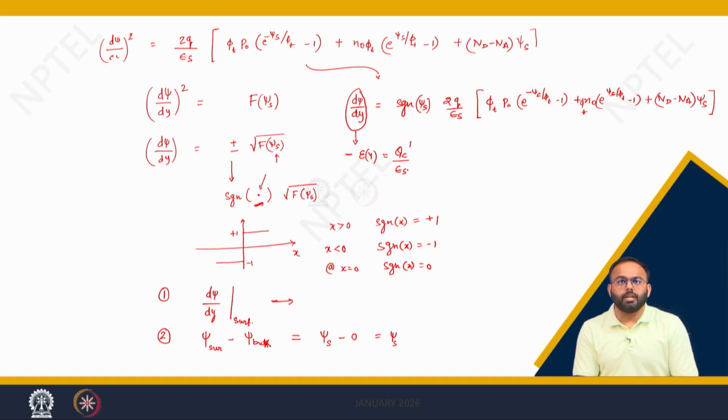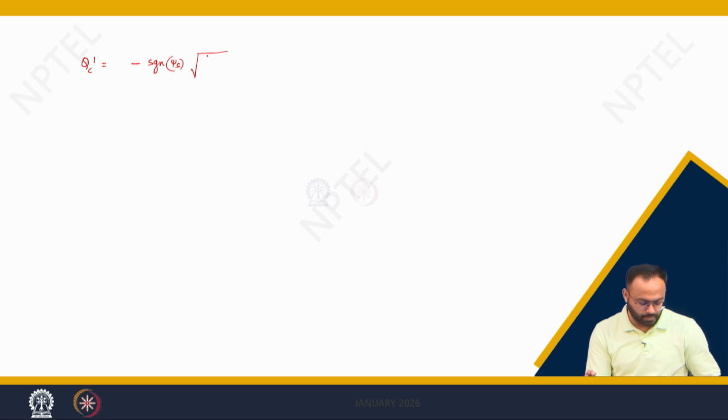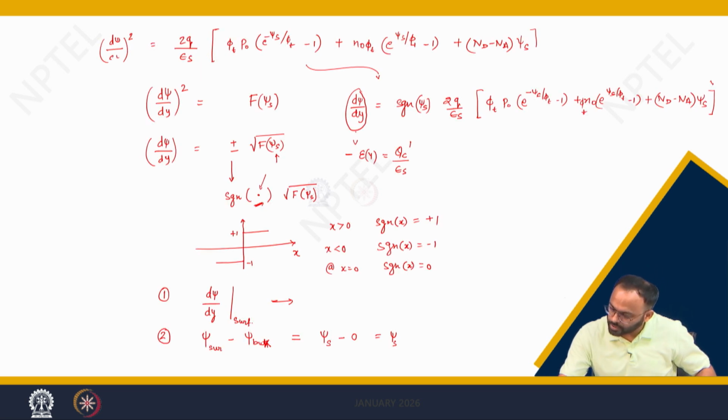So, if I am interested in Qc′, the channel charge, then I can simply write Qc′ equals minus signum ψs into square root of, here I forgot the square root, sorry, because following this there will be a square root, right.